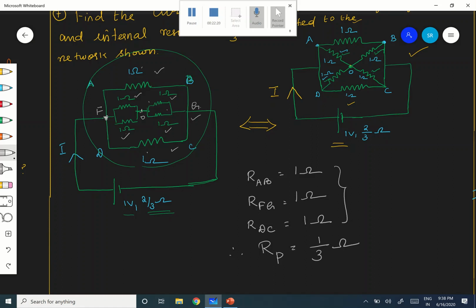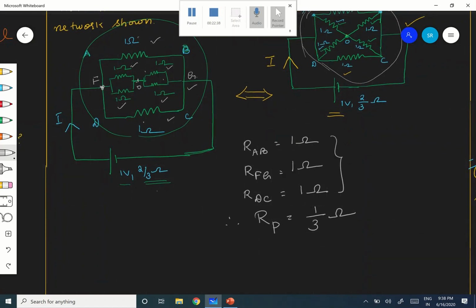RP is nothing but the parallel combination of this portion. This portion you have calculated, and that resistance is in series with 2 by 3. Now, the internal resistance of the cell should not be avoided. Therefore, the total resistance of the circuit is nothing but RP plus 2 by 3.